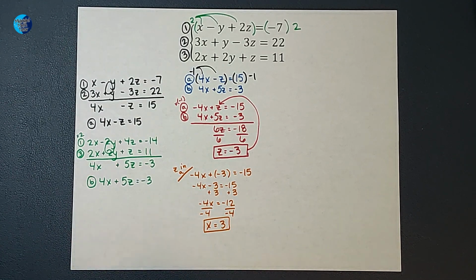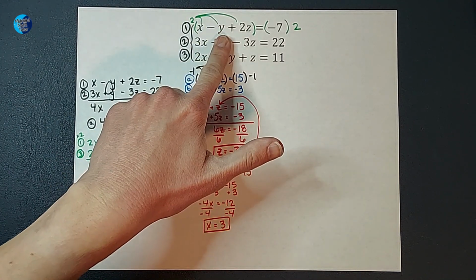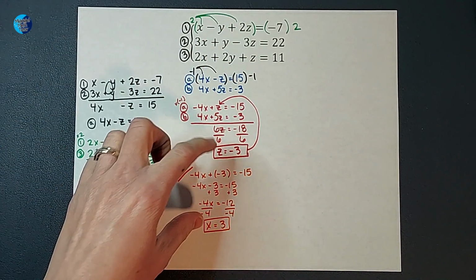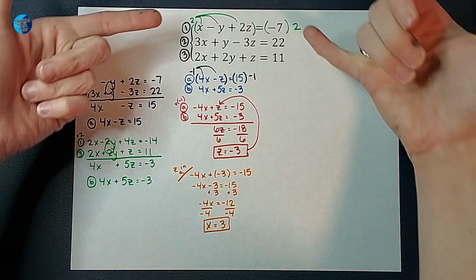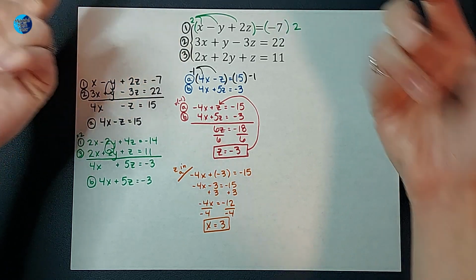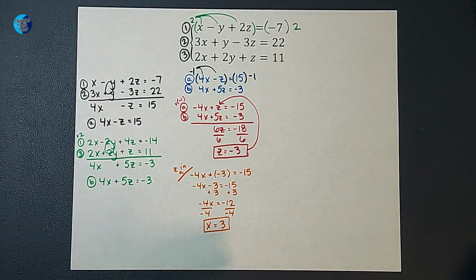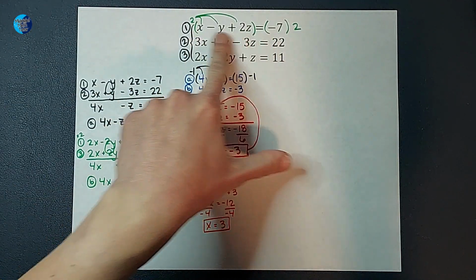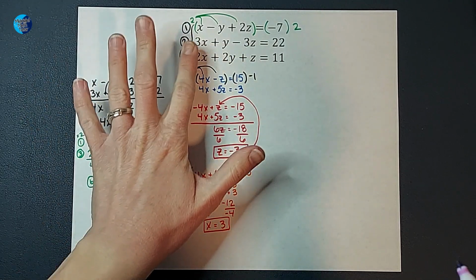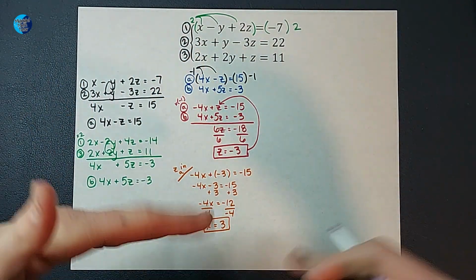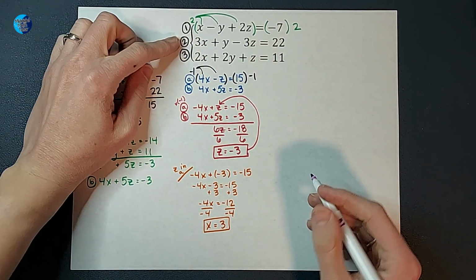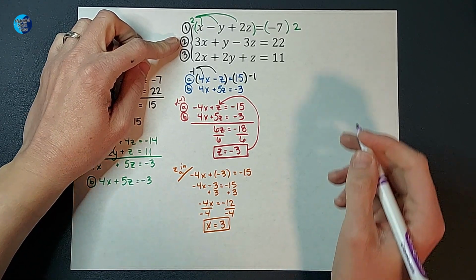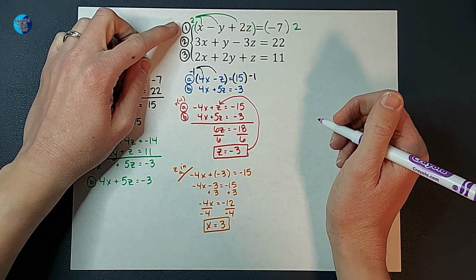All right, it's real easy now to find y since I have x and z. I can plug it into 1, 2, or 3, whichever one we want. But again, if you want to do one of the other ones, make sure we get the same answer. That'd be fun. But I'm going to plug it into number 2. So, oh no, I said number 2.